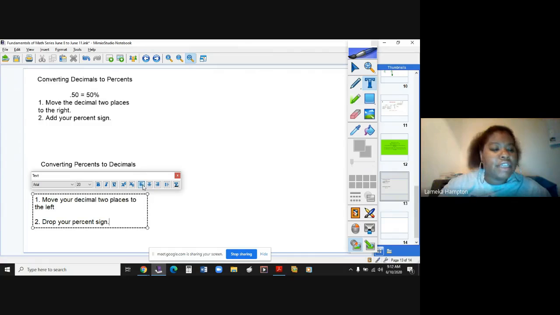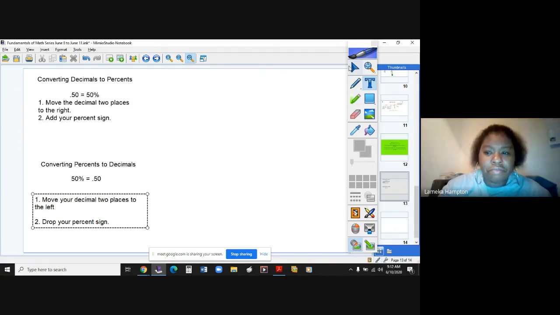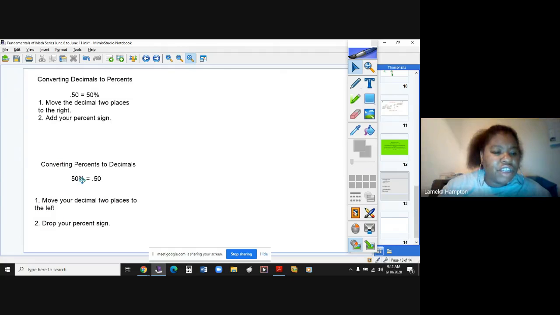So you're going to move your decimal 2 places to the left, and you're going to drop your percent sign. Now, because 50 is a whole number, remember, whenever you're dealing with a whole number, your decimal is going to be behind the ones place.